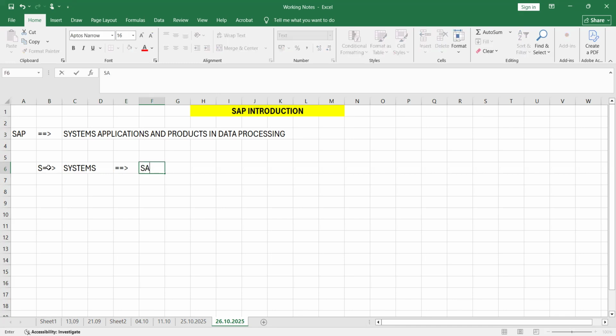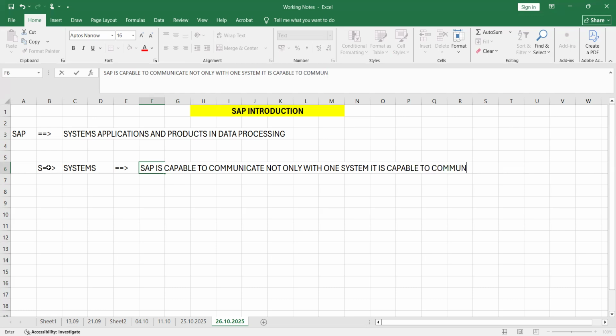SAP is capable to communicate not only with one system, it is capable to communicate with a number of systems.